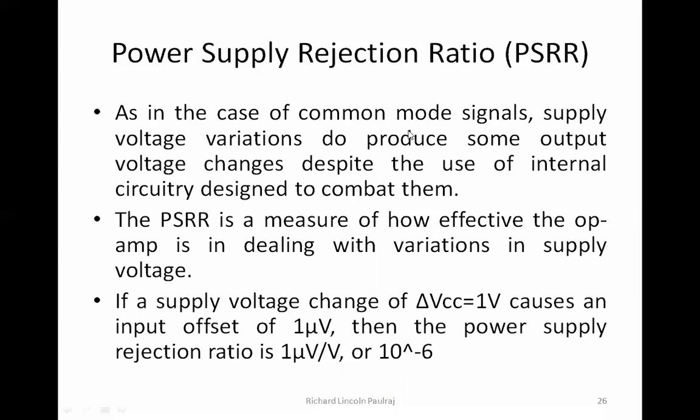As in the case of common mode signals, supply voltage variations do produce some output voltage changes, right? I hope you all agree with that. Which means whatever supply variations we produce, because the bases are connected, if my voltage levels are increased, we have discussed what is going to happen to the currents IC1 and IC2.